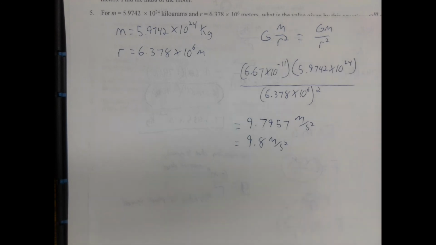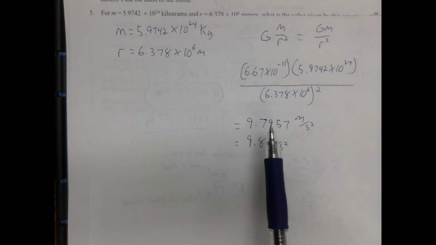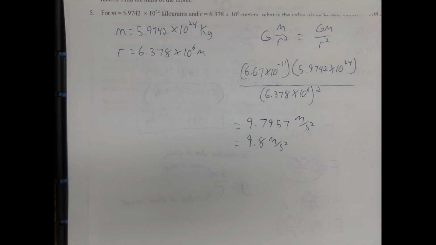And I've been rounding it for you guys to just 10 to make the calculation easier to do on homework. So, given Earth's mass and its radius, we can calculate the acceleration due to gravity. Note that this would be the value of gravity at Earth's ocean level.